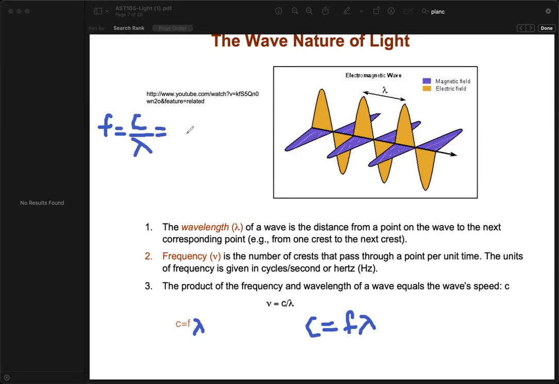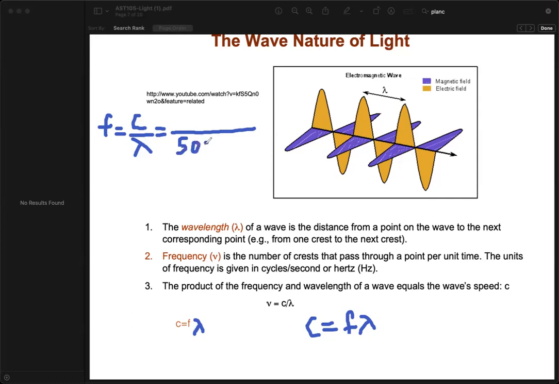Okay, so for example, we might be told a certain wavelength. So for example, the green laser that you must have seen, some people use it as a laser pointer for presentations.